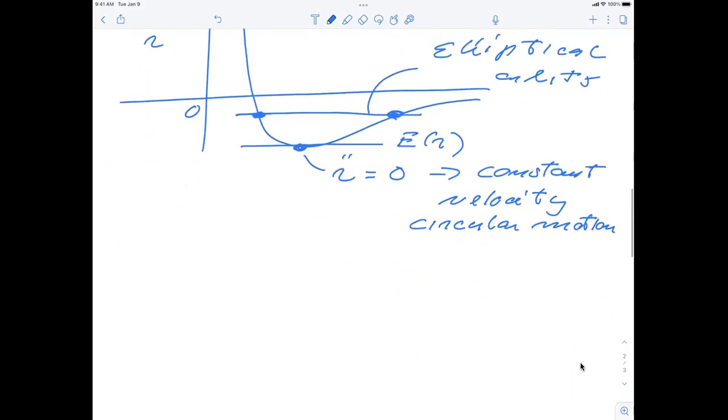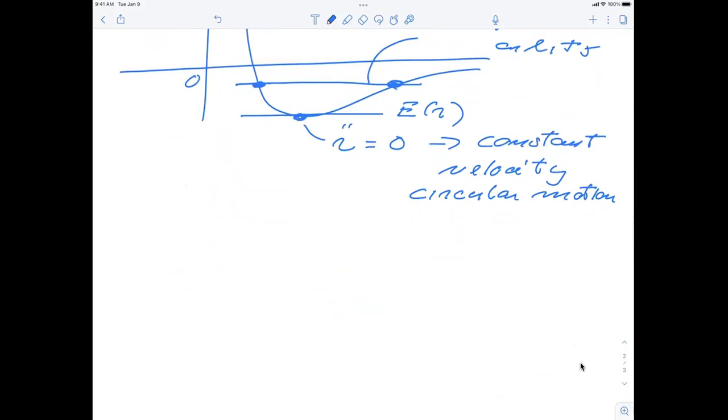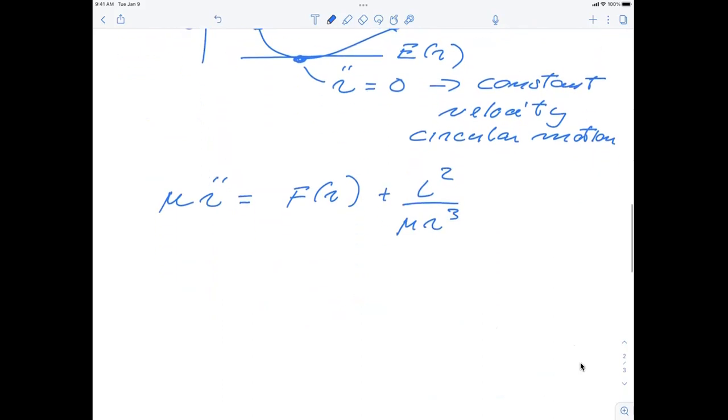So what we want to solve, actually we are going to show that we can solve this equation here, the second derivative. This is the force in the radial direction. So we have the radial acceleration plus L squared divided by mu times R cubed.